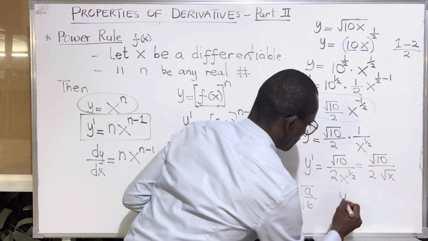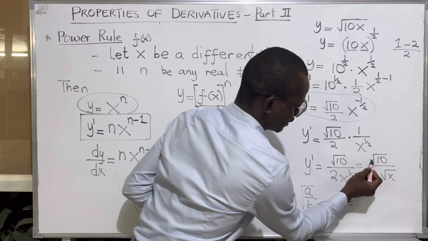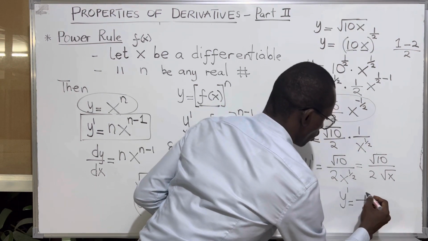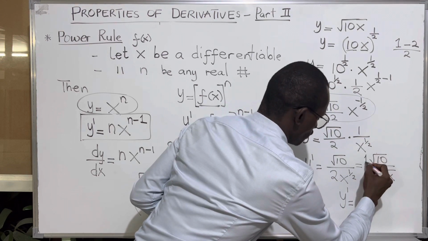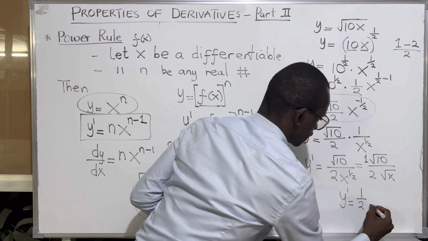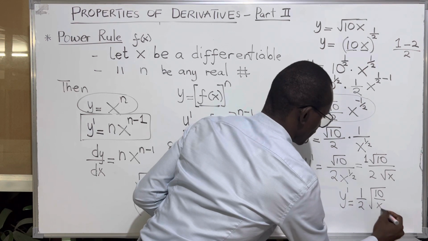So y prime equals, now this one and this one are the same square roots, so we can put it under one square root. The coefficient is 1 over 2, then we can say 10 over x.